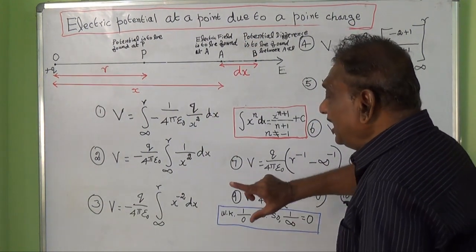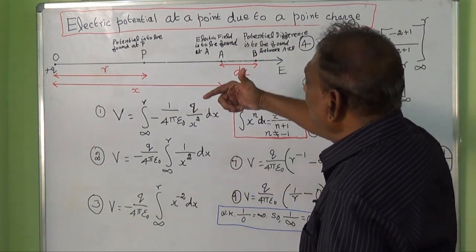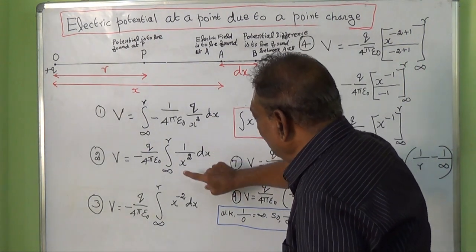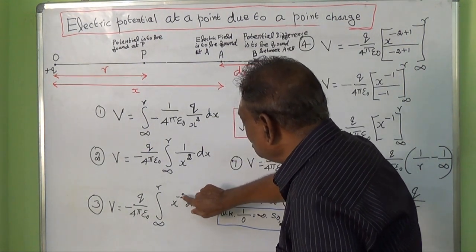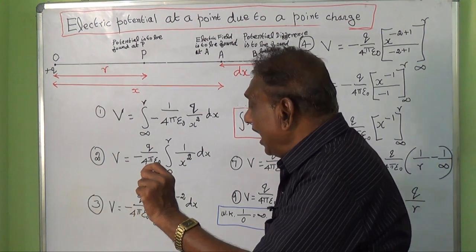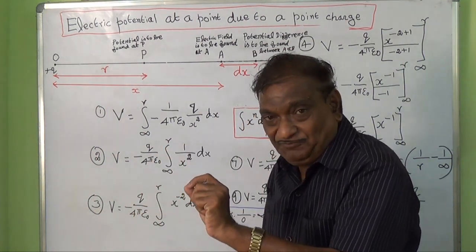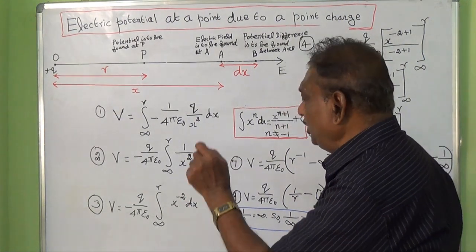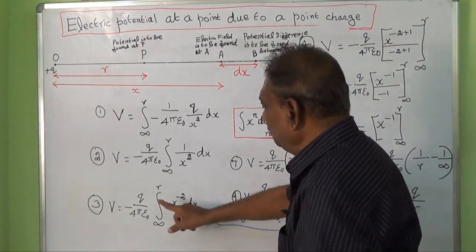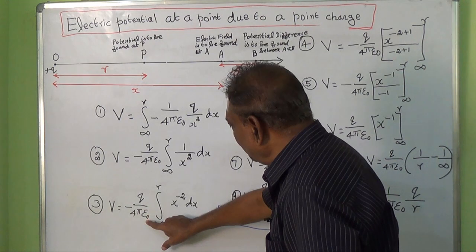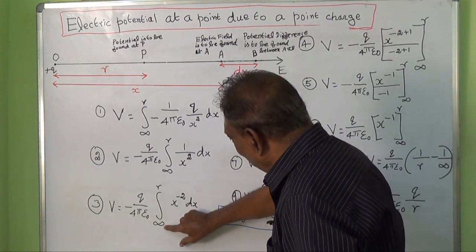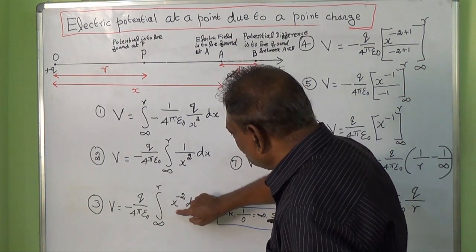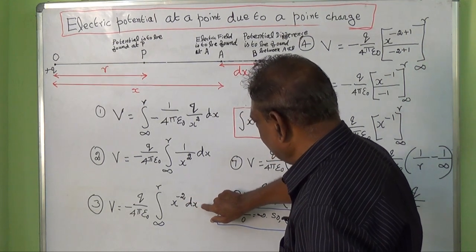If we bring the x square to the numerator, it will become x to the power minus 2. So as a third step, we are getting the equation for potential V equal to minus Q by 4 pi epsilon naught integral infinity to R x to the power minus 2 dx.